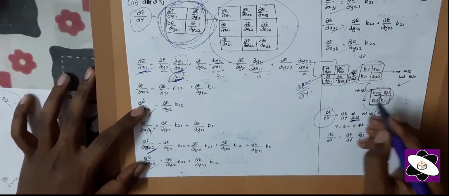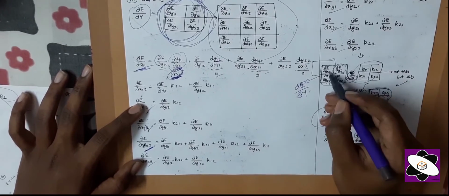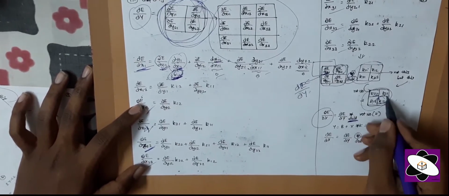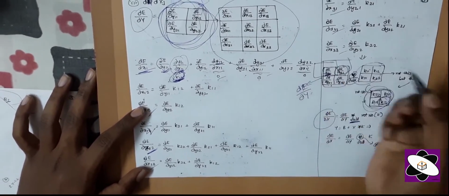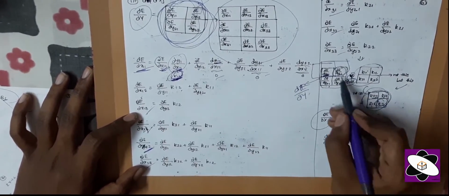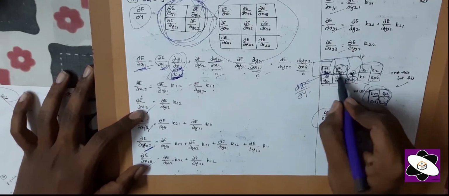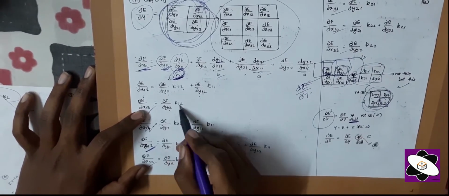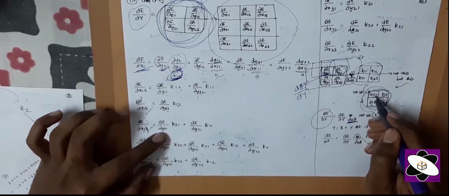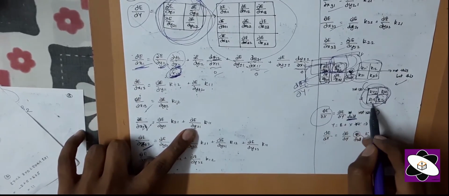We get y11 k11, then it moves to here, so we get y11 k12 and y12 k11. Then we take this over here and we get y12 k12, and we come down like this. We get y11 k21 and y21 with k11.